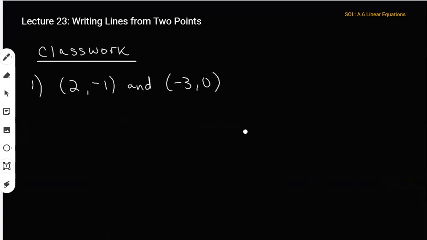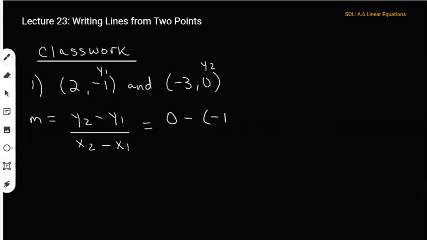What I want to do first is I want to figure out what the slope is. And to do that, we're going to use the slope formula, y2 minus y1 over x2 minus x1. So our y values are going to be 0 and -1. So I get 0 minus -1.